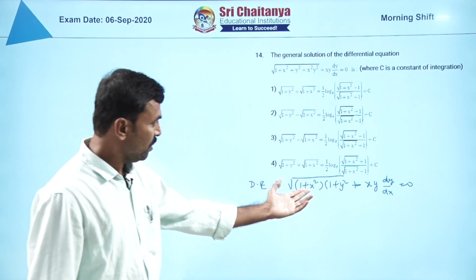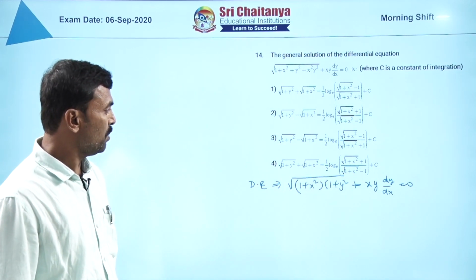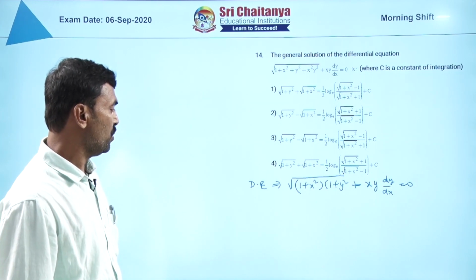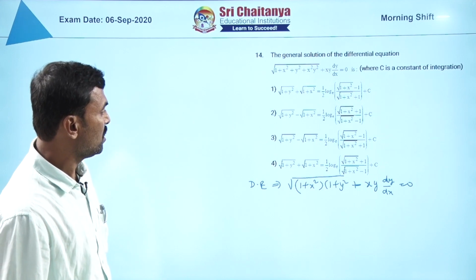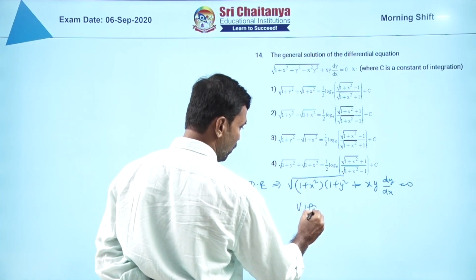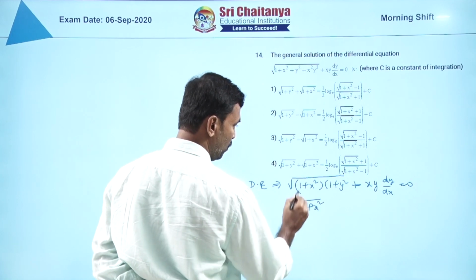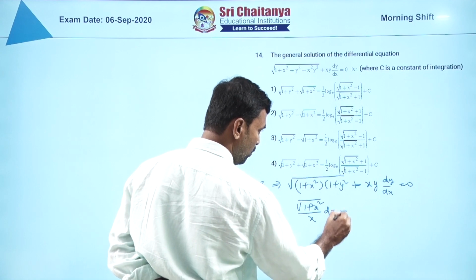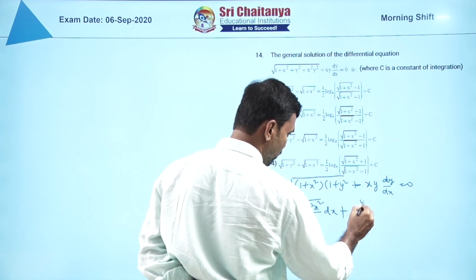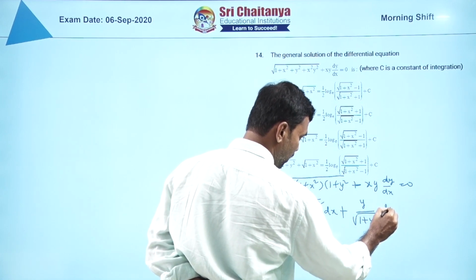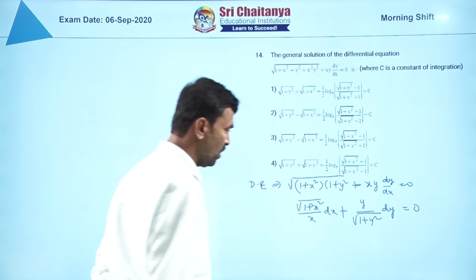See, now if you observe this is a variable separable form. You can solve this differential equation by using the variable separable method. So, you can adjust it like this: root of 1 plus x square by x into dx plus y by root of 1 plus y square dy is equal to 0.